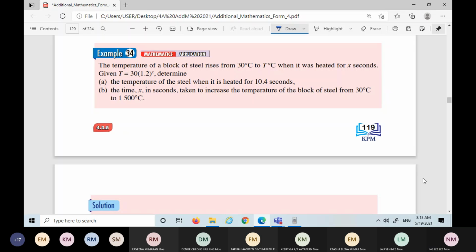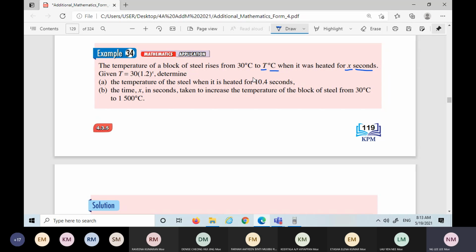Okay, look at example 34. The temperature of a block of steel rises from 30 degrees to T degrees when it is heated for X seconds. X is the time and T is the temperature. Given this formula, T equals 30 times 1.2 to the power X. That means the temperature of the steel when it is heated for 10.4 seconds.